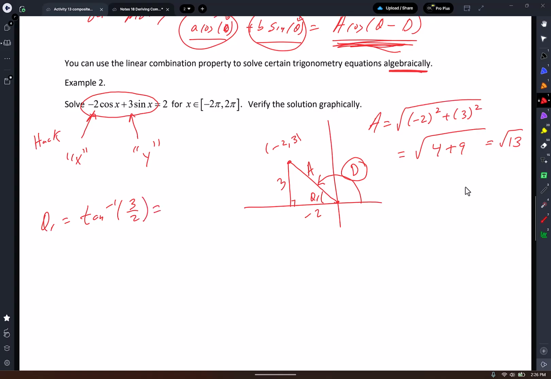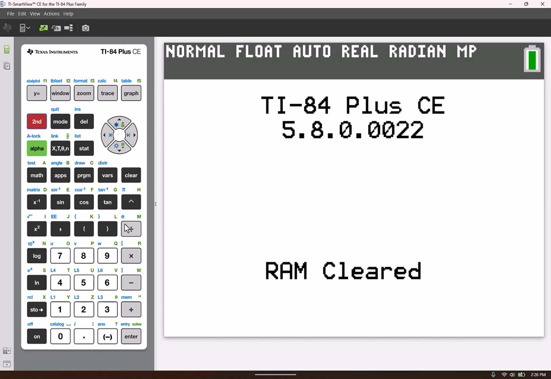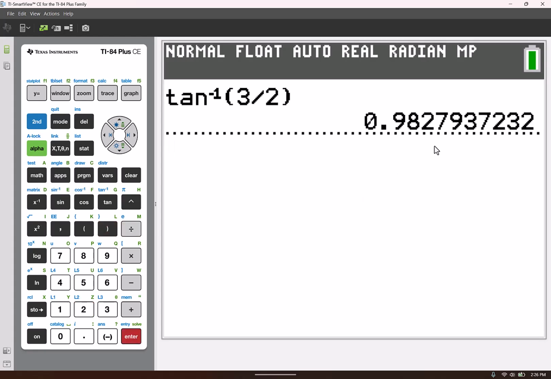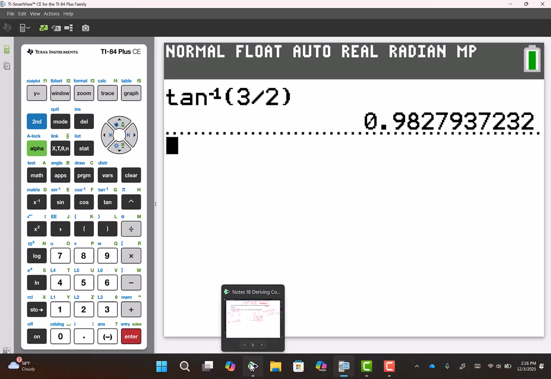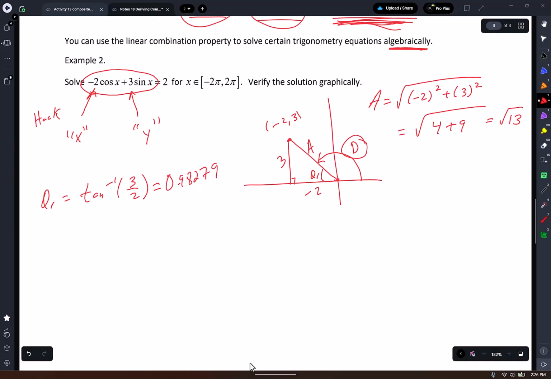So I take my calculator. I'm going to go arctan of 3 over 2. I am in radian mode, 0.98279. All right.